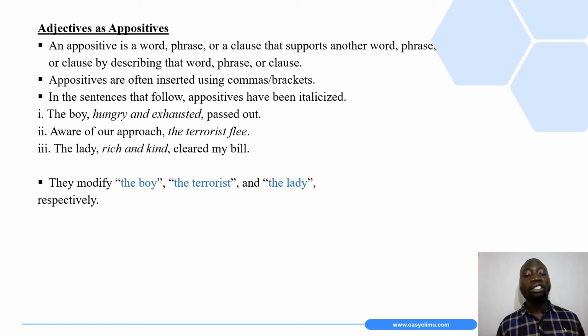That is also another example. Can you tell what they modify? Looking at the three examples, in the first sentence, they modify the boy. In the second sentence, they modify the terrorists. Then in the third sentence, they modify the lady.